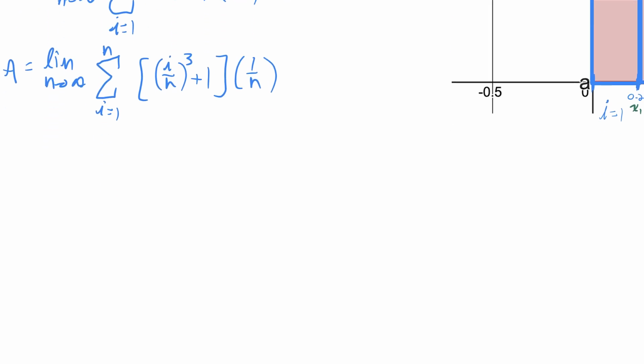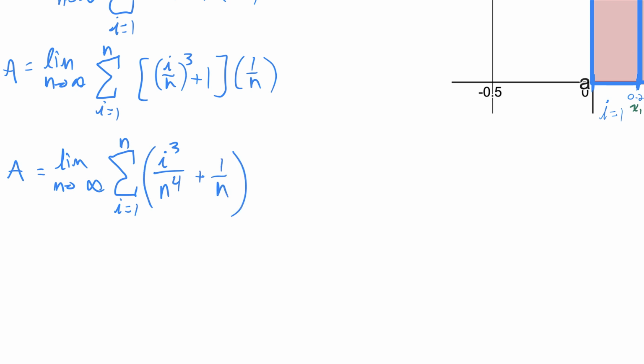So as I work with this formula, perhaps what I want to do first is distribute this 1 over n into both terms. So 1 over n times i cubed over n cubed is i cubed over n to the 4. And then when I distribute to the 1, it's just 1 over n. And now using my summation rules, I know I could rewrite the sum of term 1 plus term 2 as the sum of term 1 plus the sum of term 2.